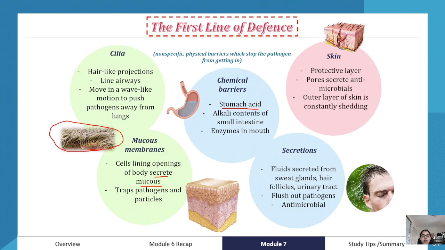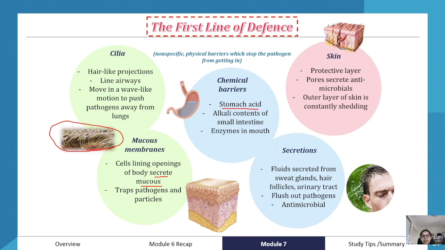The skin itself is a protective layer. If you've had a chance to learn a bit about skin, you'd notice that the skin that we have right now is a protective layer. What we have underneath this part is what is called the true skin, and that's the epidermis. That's the actual skin.